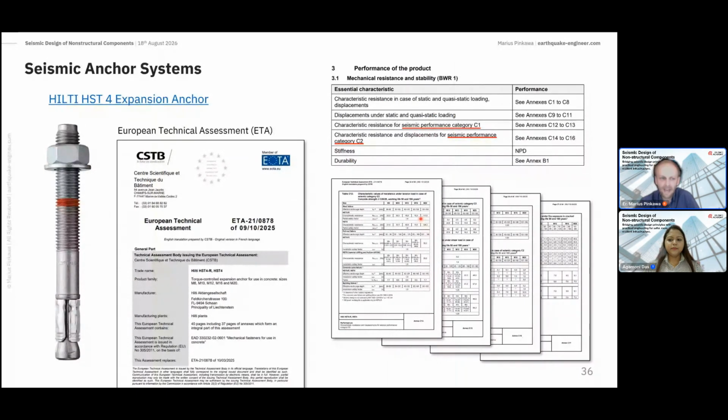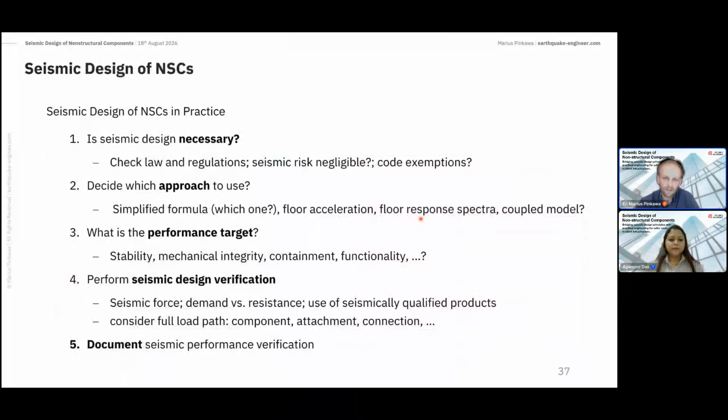So coming to an end, just a small repetition. What are the key points when doing seismic design of non-structural components in practice? First question: is seismic design necessary? Because it's a critical question. I had a project, it was about several million euros, and in the end, it wasn't necessary.